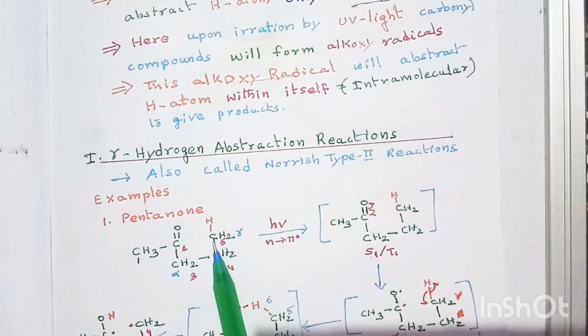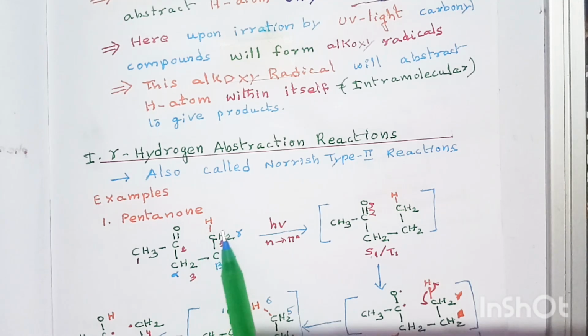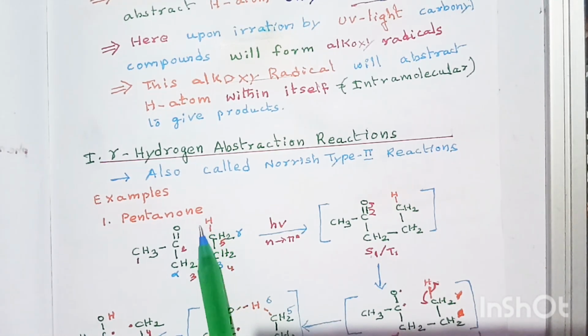To the gamma carbon, 3 hydrogen atoms are attached. 2 we have represented in green color and 1 we have represented in orange color to show it separately. This is the gamma hydrogen. In fact, any of these 3 hydrogens can be abstracted, but we are taking 1 hydrogen atom separately to show the reaction.